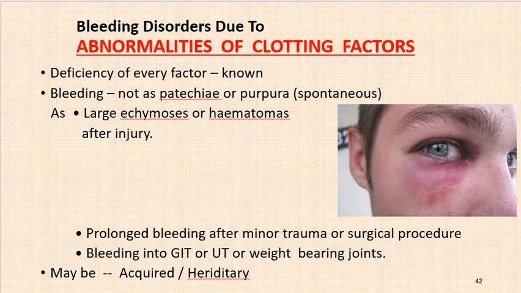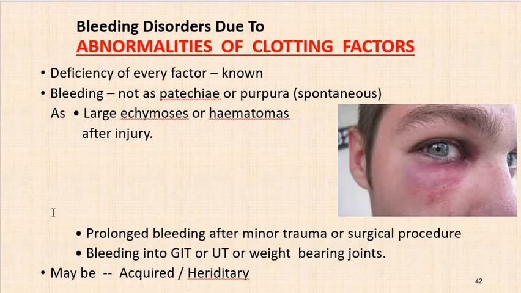Rather, large ecchymosis or hematomas are formed after injury. The ecchymosis means large areas of discoloration in which the blood is collected under the skin, and blood collection deeper than this will lead to hematomas.